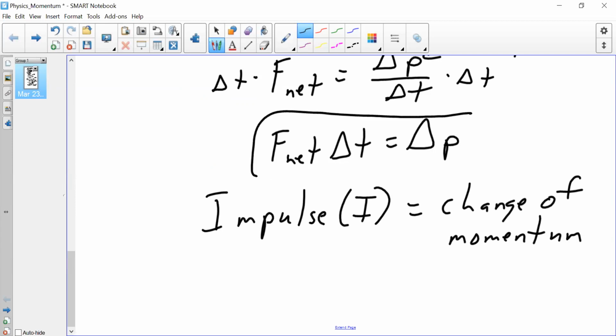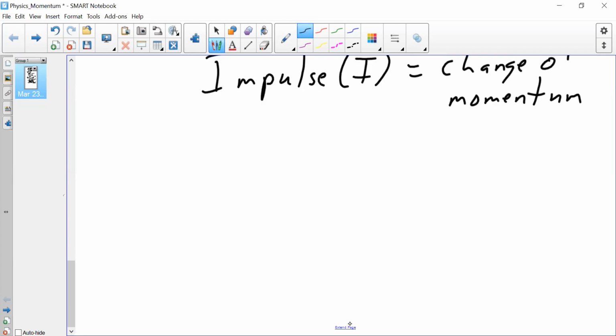This equation here then is known as the impulse momentum theorem, very similar to, if you would recall, the work energy theorem. So I'm just going to take out the net, because we understand that it is a net force that's going to be required to change the speed.